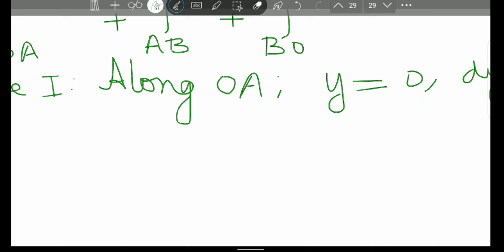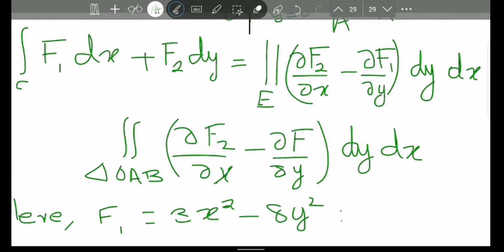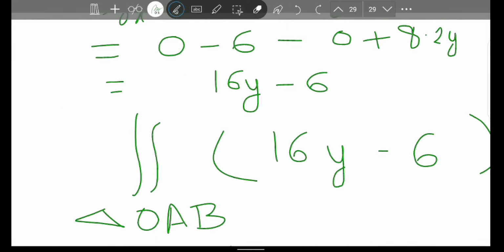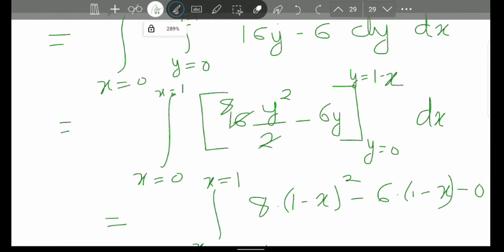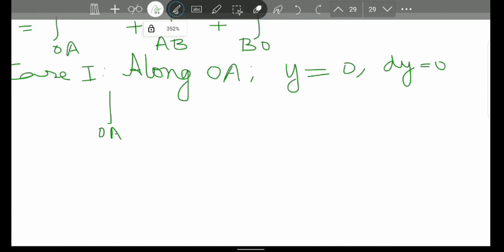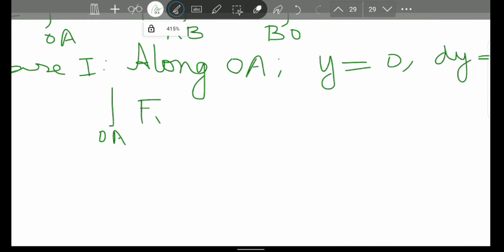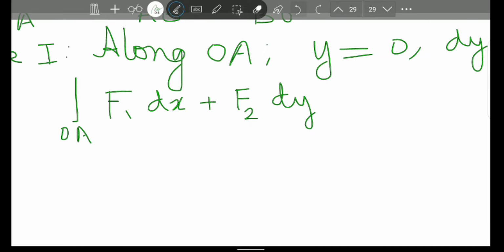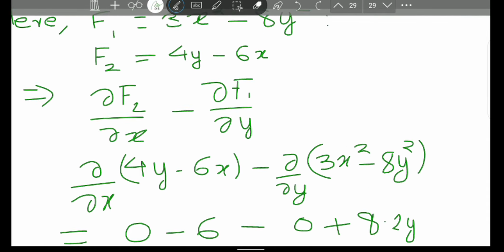So integral along OA. We need f1, so f1 is 3x squared minus 8y squared, fine. Integral along OA, f1 dx plus f2 dy. Y equal to 0, so dy equal to 0.